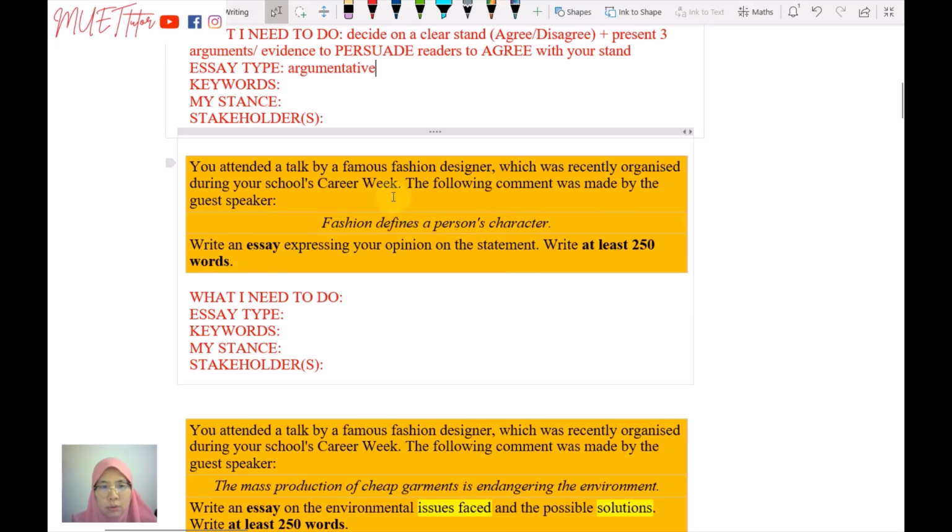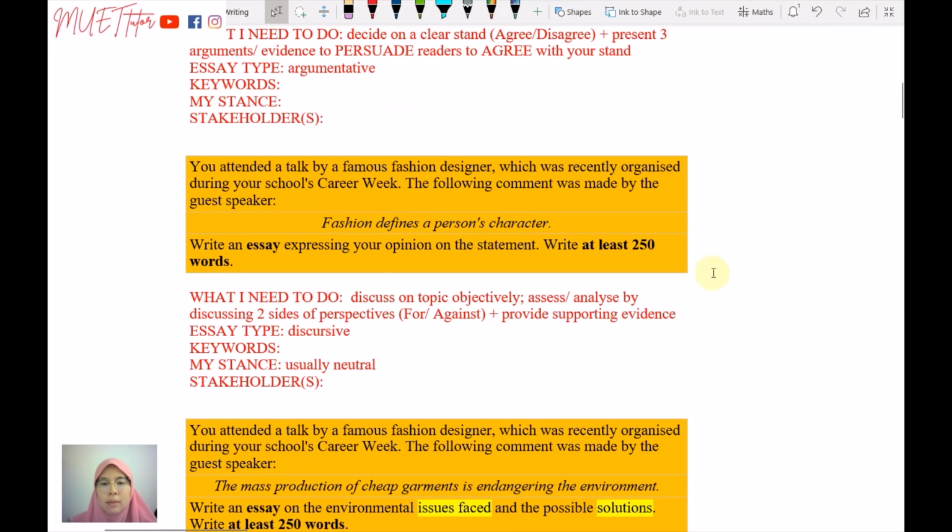In question 2, here they ask for our opinion on the given statement. With this term opinion, we are asked to discuss on the given topic in a balanced and objective manner. This also means to assess or analyze the issue at hand by discussing the 2 sides of perspectives on the issue, either for or against.